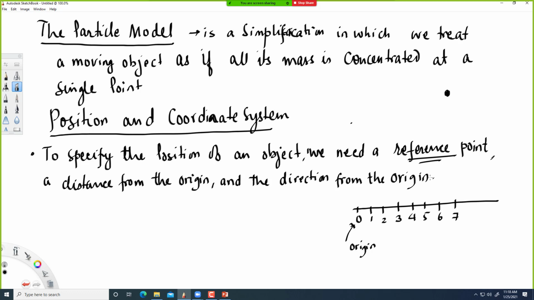So you need the origin first. Once you have this origin, O, you can say this star is, let's say, 100 million miles from this point. And you can also say this is to the right of this star.